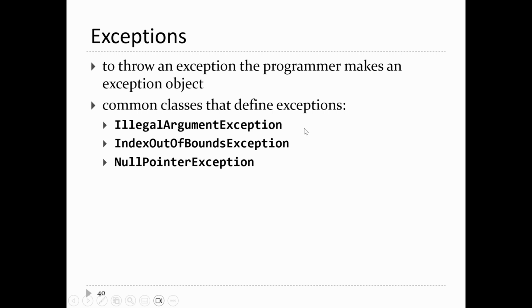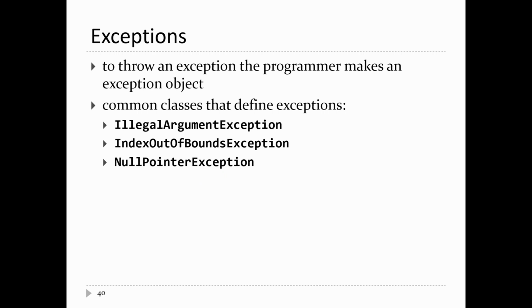There's lots of different kinds of exceptions that you can throw. We've been using illegal argument exception. Illegal argument exception is the exception that you normally throw when you're testing the inputs to a method, and you discover that one or more of them are invalid. If you're using a list or any indexed collection, so something like a string, a list, or an array, and you use an invalid index, you'll get an index out of bounds exception.